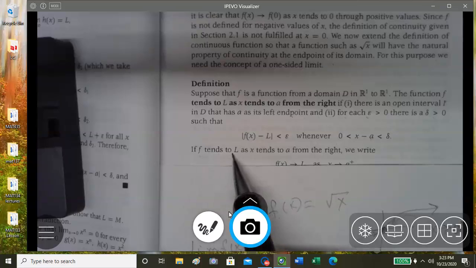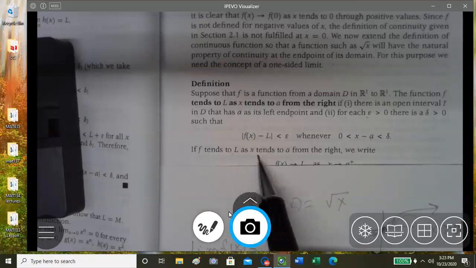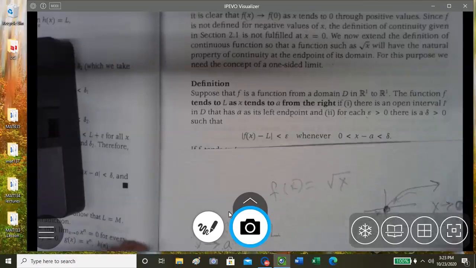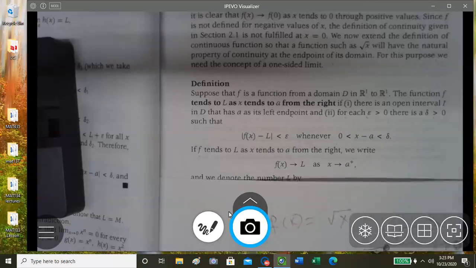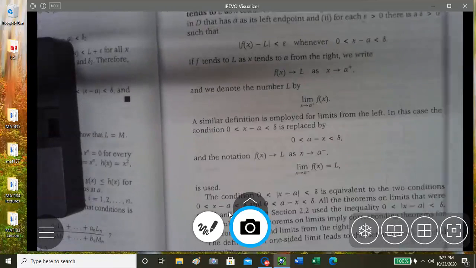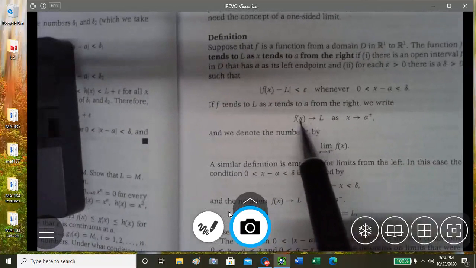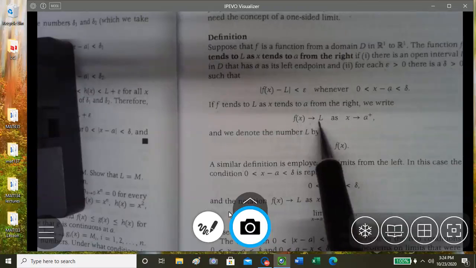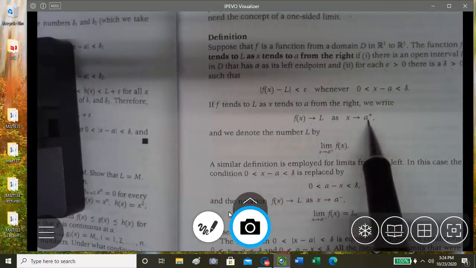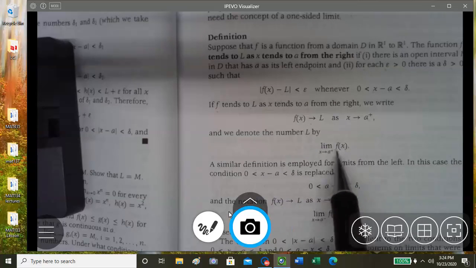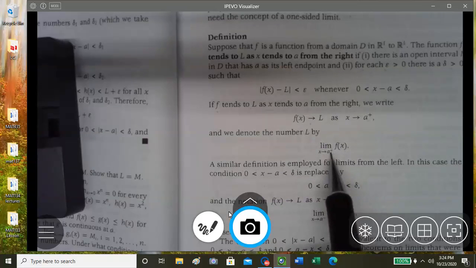If f of x tends to our limit L as x tends to A from the right, we would write this as f tends to our limit as x tends to A from the right. We denote the limit of f of x as x approaches A from the right.